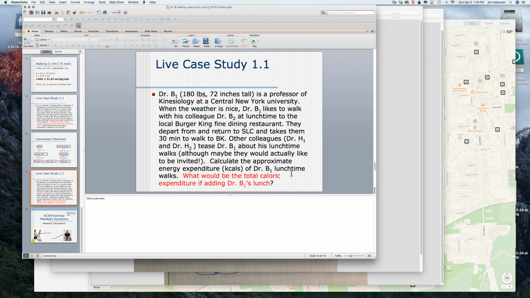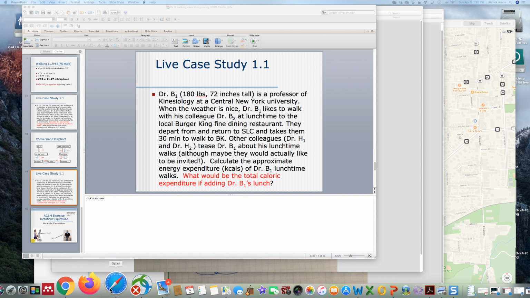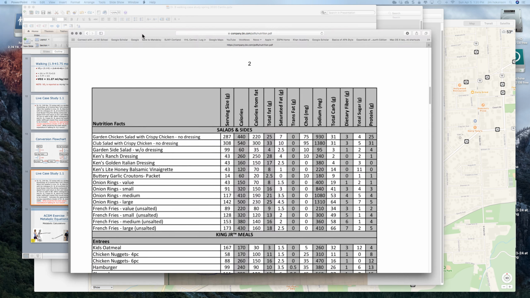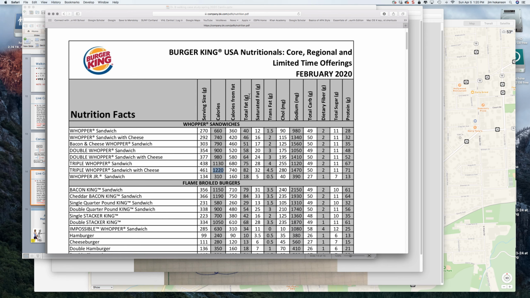So then what would be the total caloric expenditure if adding lunch at Burger King? And I also looked online for how many calories are in Burger King food, and there's a lot.